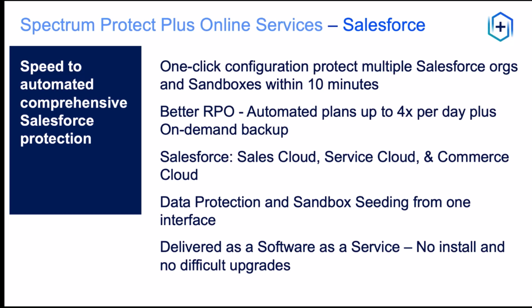Once you do that, you'll get better RPO. So you have automatic backup plans for up to 4 times a day, plus on-demand backup, and the ability to do restores at a granular level, including the ability to do sandbox seeding from your production instance to one or more sandbox instances using our production interface.